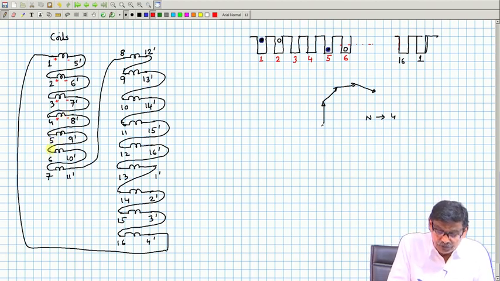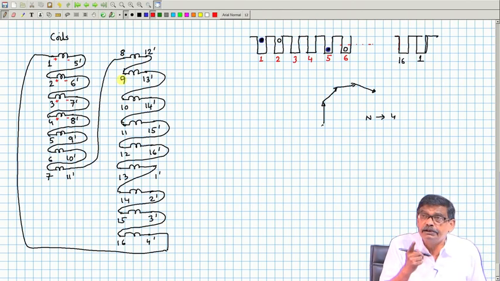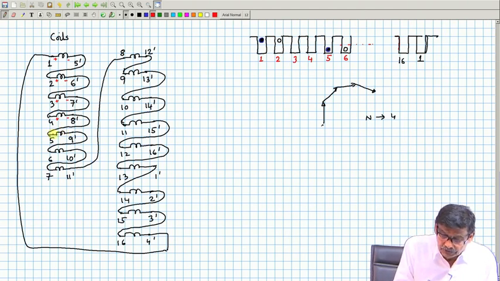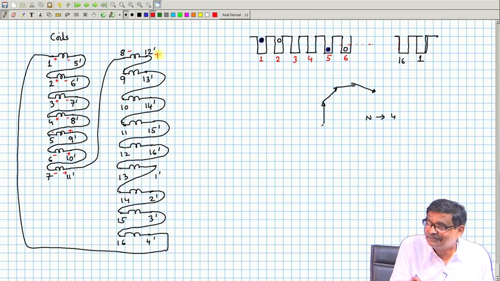Then the next 4 slots 5, 6, 7, 8 will be under the influence of the south pole, they are starting, and the polarity of this induced voltage will be reversed: minus, plus, minus, plus, minus, plus, and minus, plus.